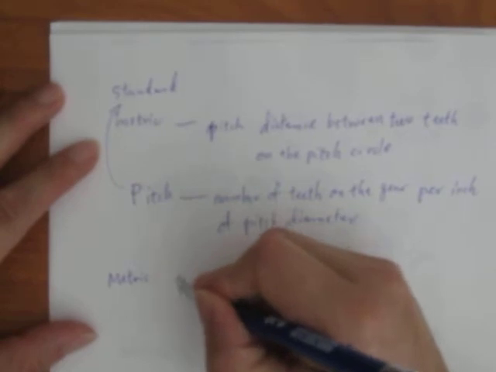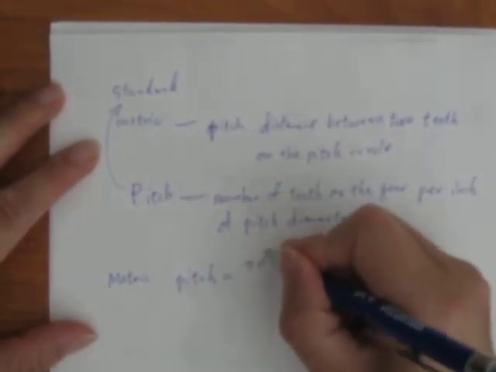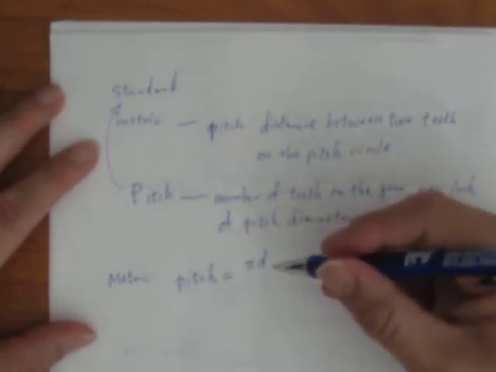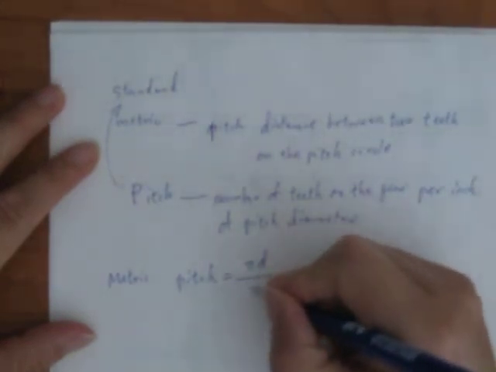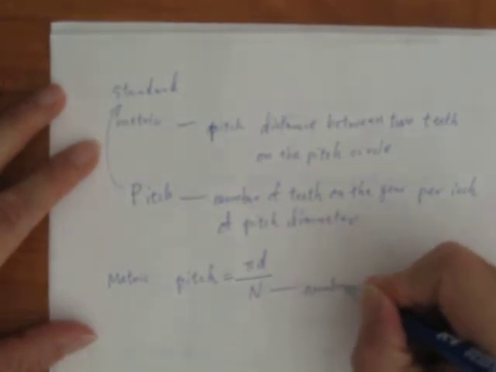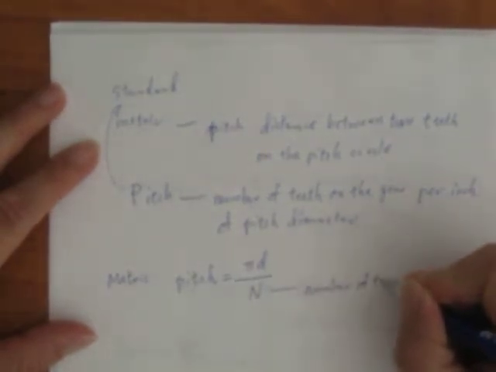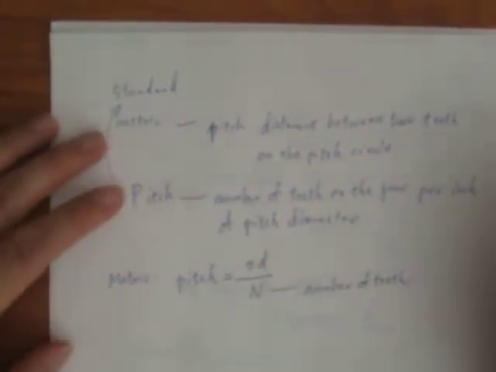we know pitch is equal to pi d, whether it's going to be pinion or gear, divided by N. N is number of teeth. So because it's a distance.